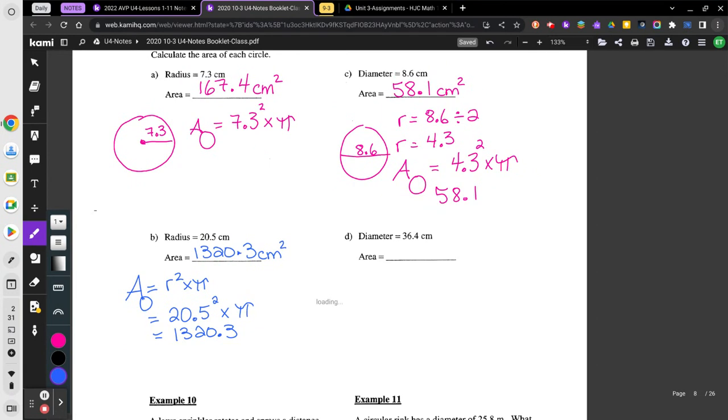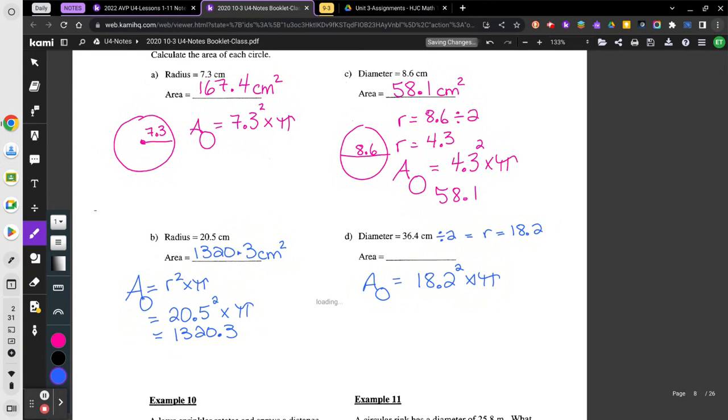Okay, the next one says diameter, and we have to divide that by 2 because we want radius. So radius is going to be 18.2. So now I'm going to say area of my circle is 18.2 squared times pi.